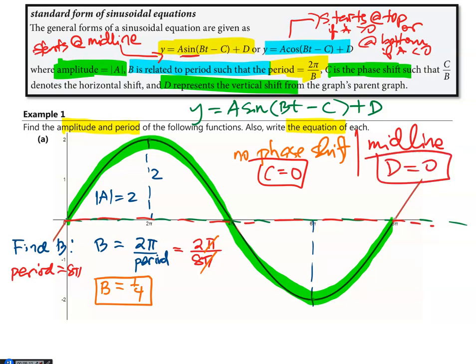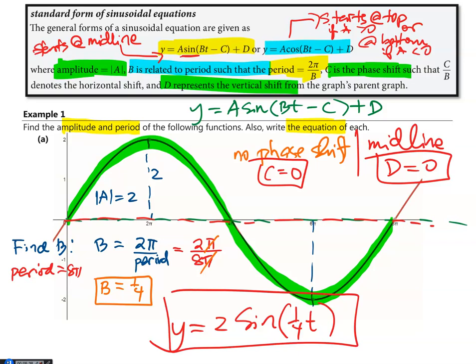So now we can write our equation. That is y is equal to, our a is 2, sine, b is 1/4 of t. There's no phase shift, that is 0, and there is no vertical shift, which is also 0. So this is the equation of this graph. y equals 2 sine 1/4 of t.